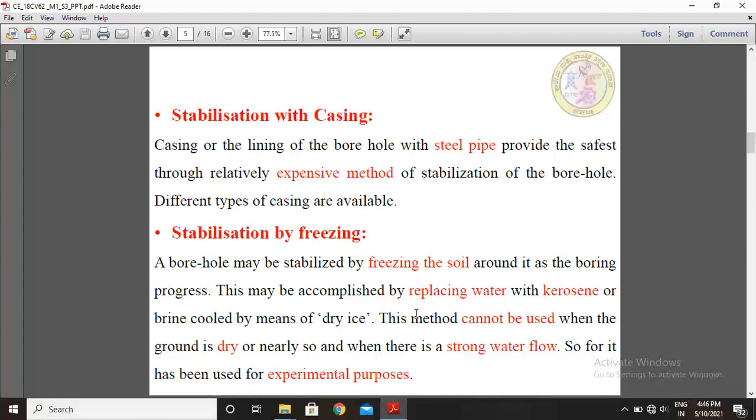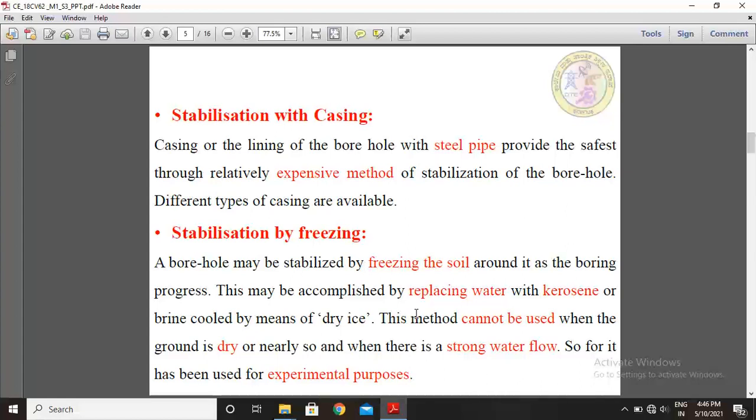Let us see stabilization by freezing. A borehole may be stabilized by freezing the soil around it as the boring progresses. This may be accomplished by replacing water with kerosene or brine cooled by means of dry ice.